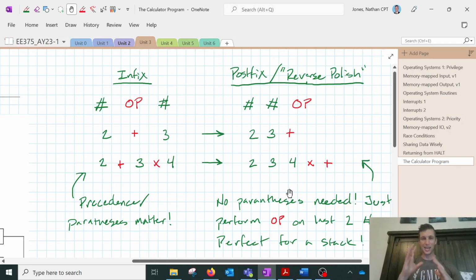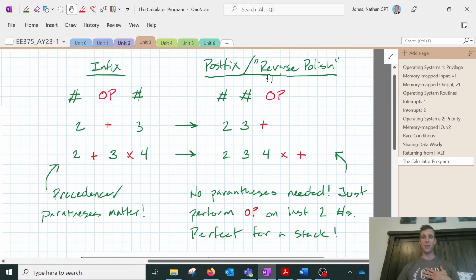It takes a little bit to wrap your mind around, but the nice part of this notation is that we don't need parentheses. We can unequivocally express the order that we want our operations performed in using reverse Polish notation, because we just need to perform whatever operation we see on the two numbers that are immediately preceding it.